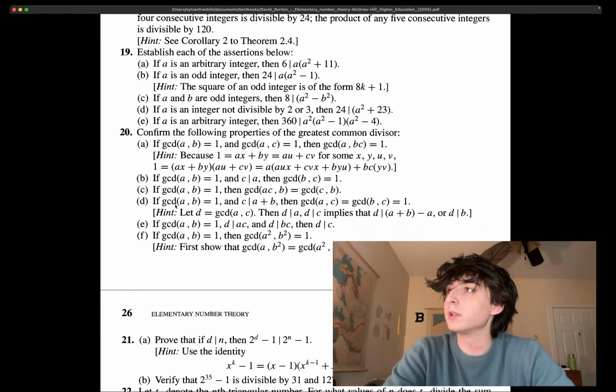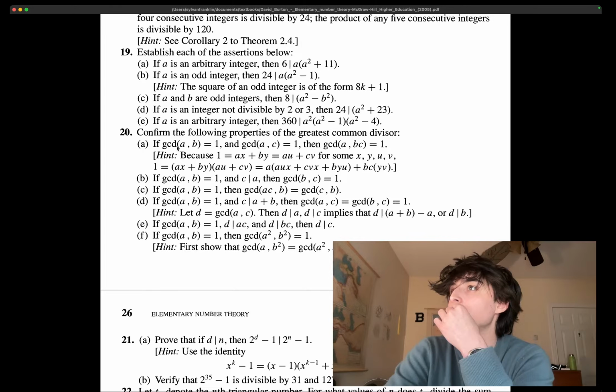This is number theory. D divides A, D divides C, implies D divides A plus B minus A. No, it's 20A.